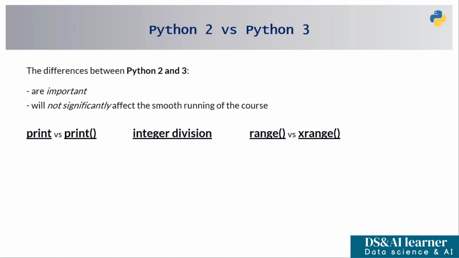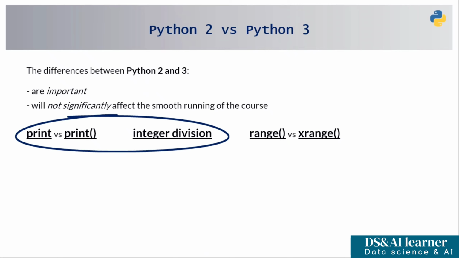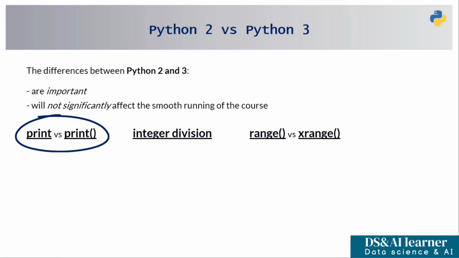Therefore, we will not delve into a thorough analysis of the programmatic differences between the two. We will, however, take a look at the syntactical differences which will be visible during the course. The first difference is the use of print, which is a keyword that displays or prints the value of a certain variable.